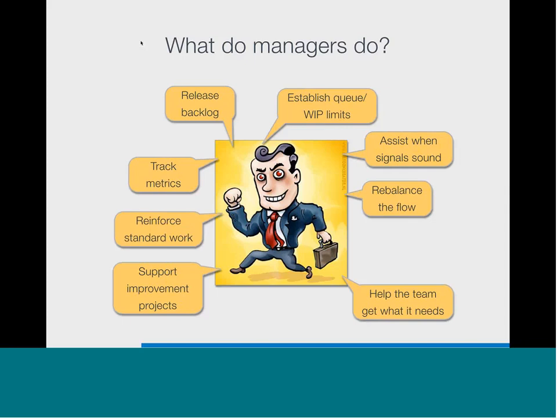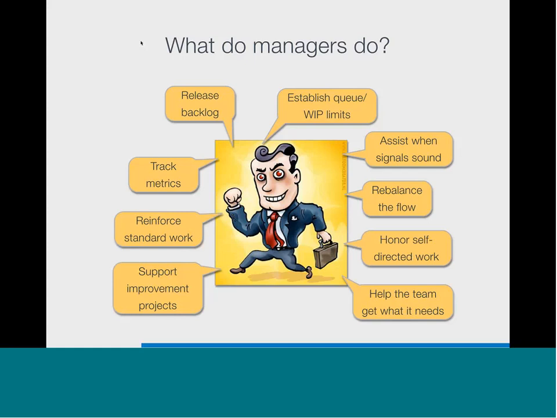Reinforce standard work, so when improvements are made, this is the supervisor or manager's job to make sure that those new standards are held and that the improvements are maintained. And of course, honor self-directed work, not meddle in the work of individual employees on an hour-to-hour basis, which can be a real struggle for managers who are used to doing firefighting and controlling the work in detail.